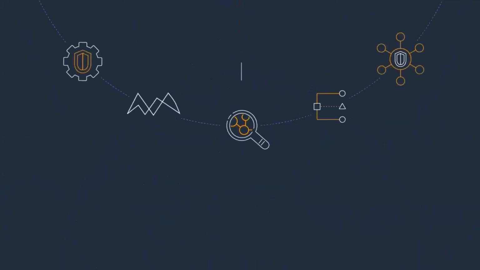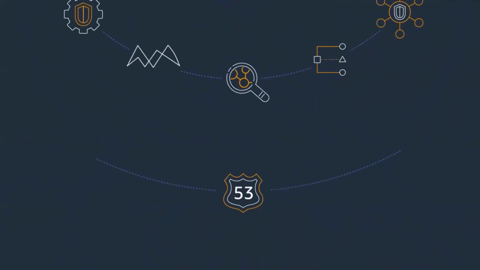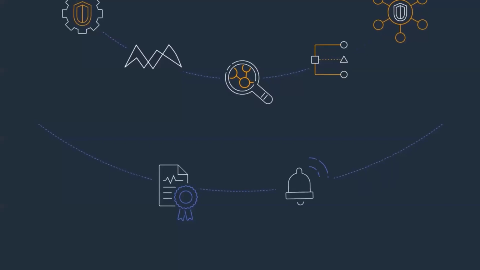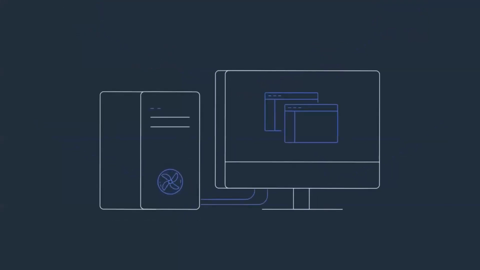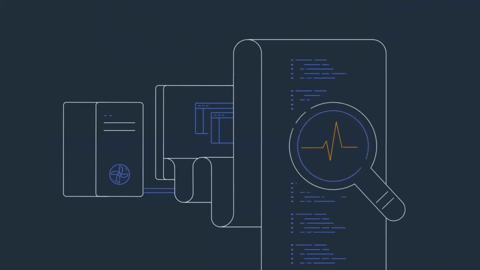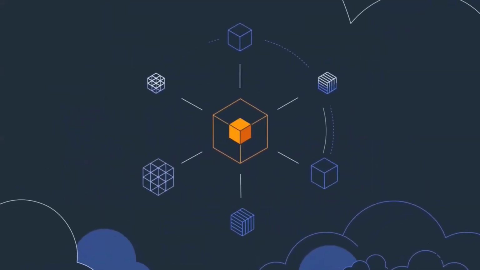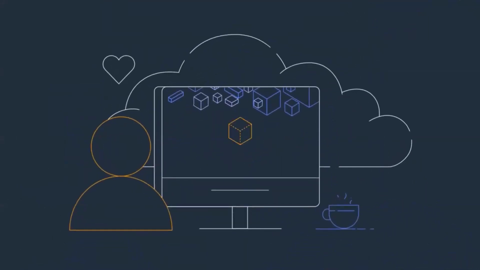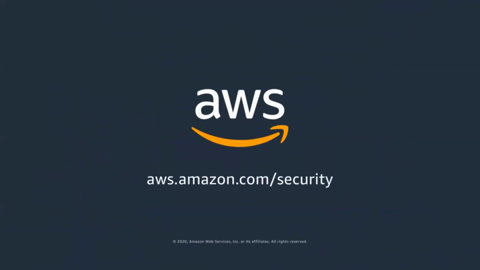In addition, Amazon Route 53 helps monitor health checks, and CloudWatch monitors for event alarms. You can even use Windows events, Linux syslogs, and other application-specific log generation. These are just a few ways AWS is partnering with you to enable strong incident response. To learn more, go to aws.amazon.com/security.